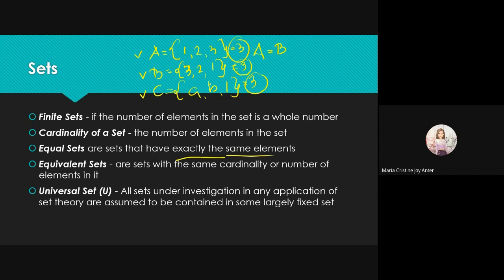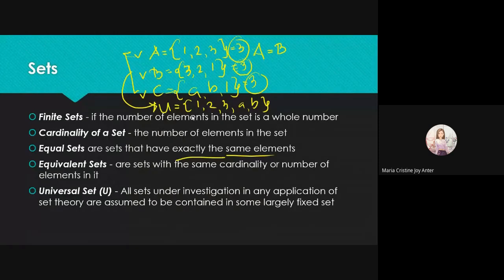So, say for example, these sets above: set A, set B, and set C. What if we have another set, usually the universal set or set U, which will contain elements of sets A, B, and C. So, it can have 1, 2, 3, A, and B. Meaning, to indicate that all of the elements in the first three sets are included in the universal set. Set U is the larger fixed set that contains all the elements found in the other sets presented. Okay?